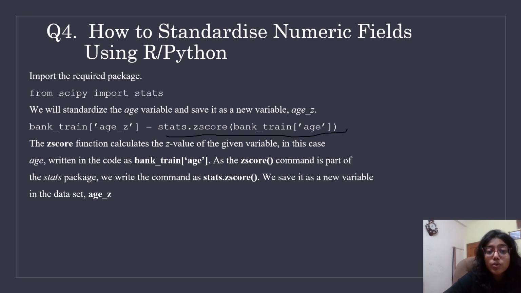The z-score function calculates the z value of the given variable, in this case age, written in the code as bank_train['age']. As the z-score command is a part of the stats package, we write the command as stats.zscore. We save it as a new variable in the dataset, age_z.